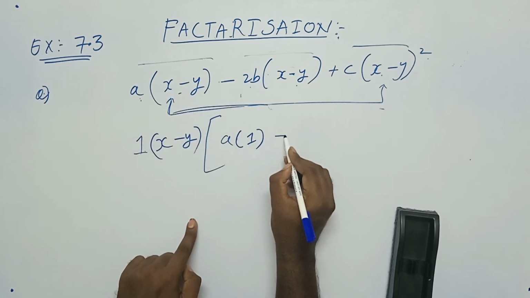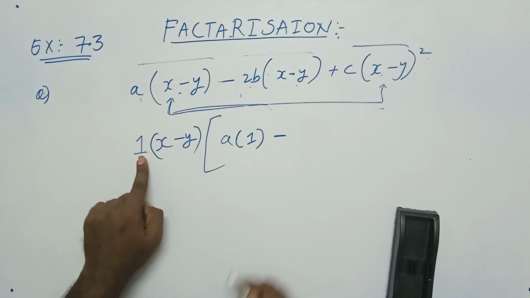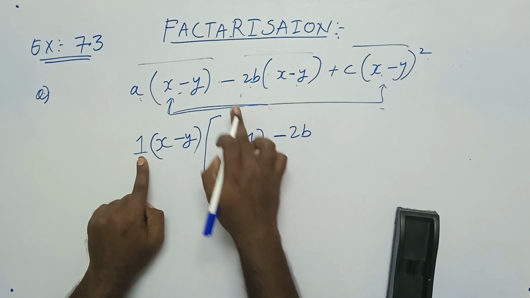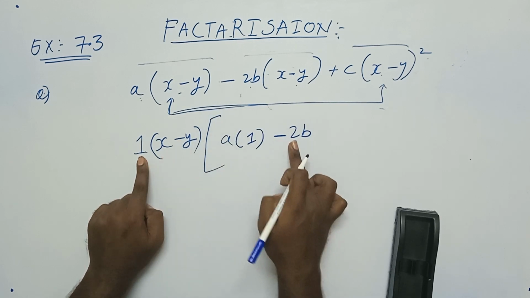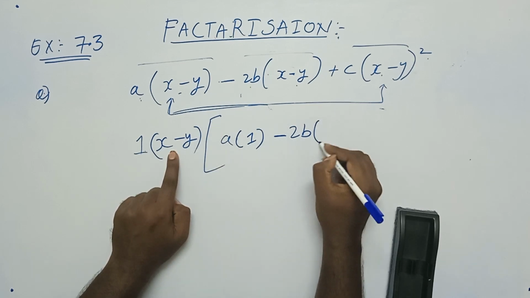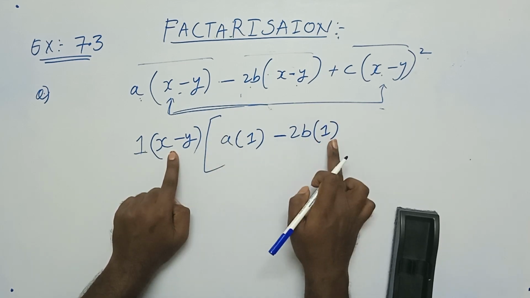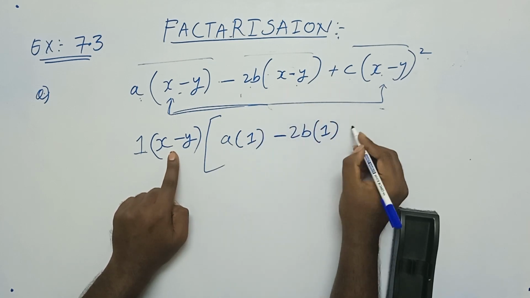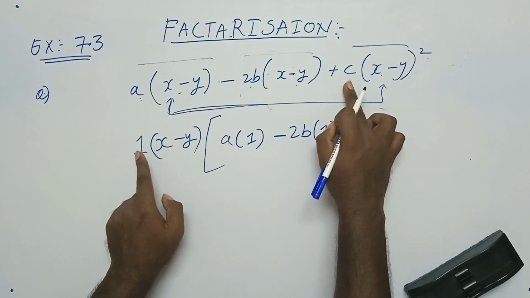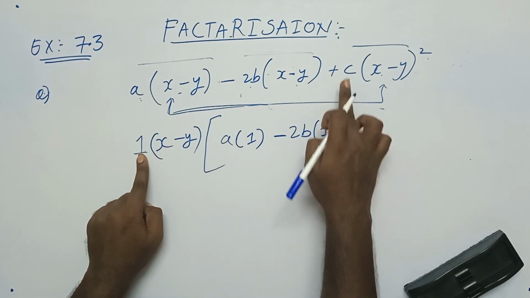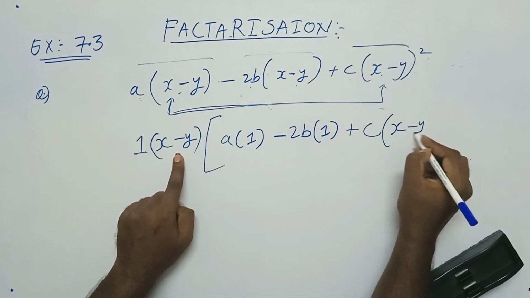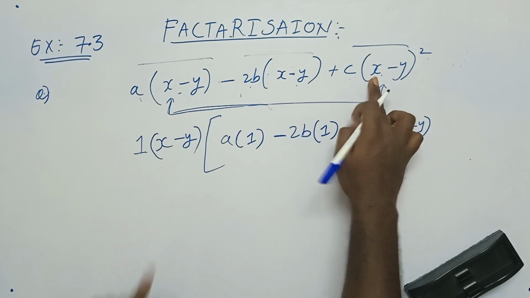Next you have a minus sign, we keep the minus sign. Minus 2b times 1 is −2b. Next, (x − y) into 1 is (x − y). Next you have a plus sign, we keep plus. 1 into c is c, (x − y) into (x − y) is (x − y)².